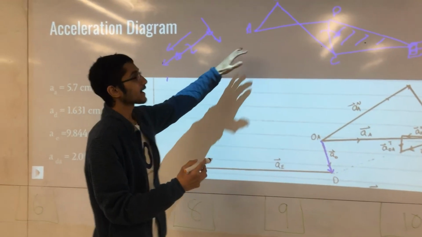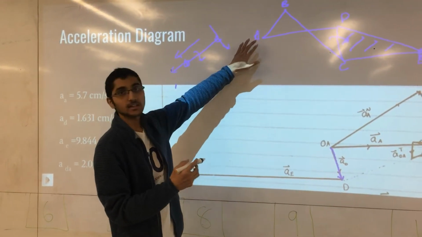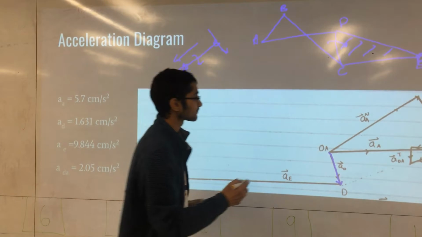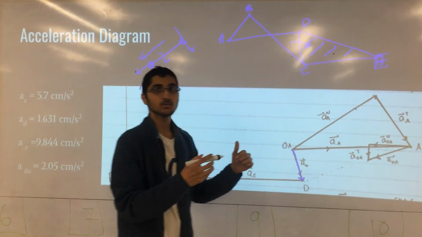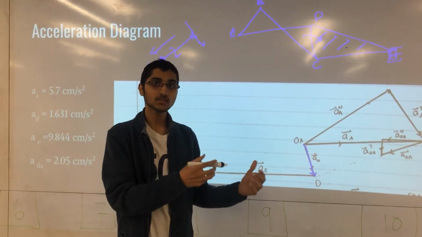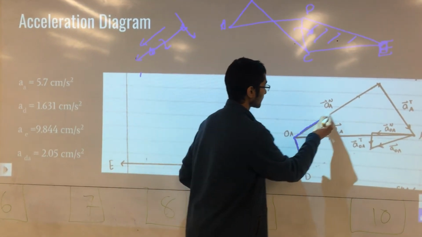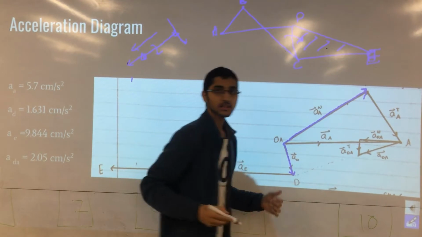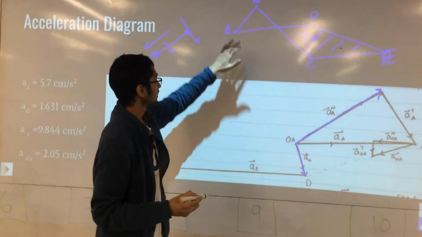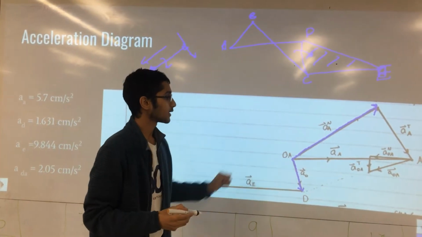Next, we find the next point, which is connected to ground, and that's point A. However, we don't know for a fact that it has or has not a constant angular velocity, so we have to draw an acceleration in the direction of link AB, starting at O_A.